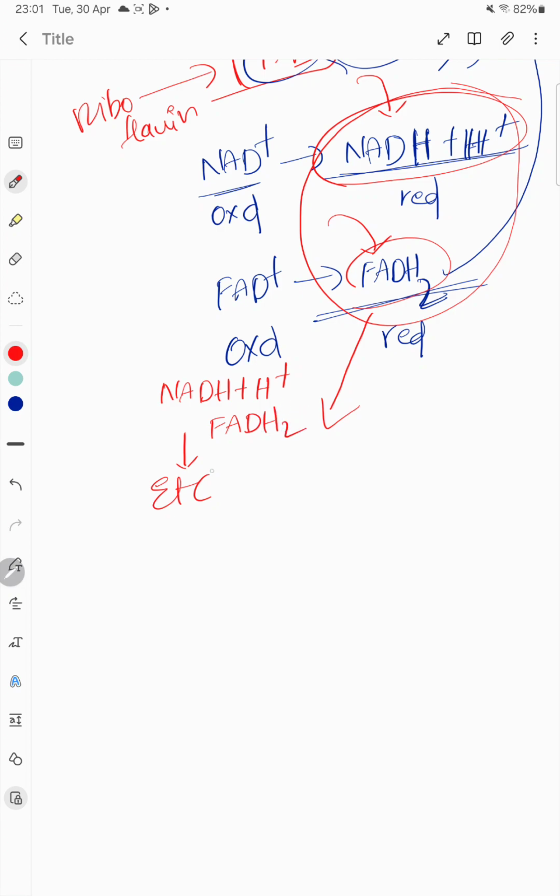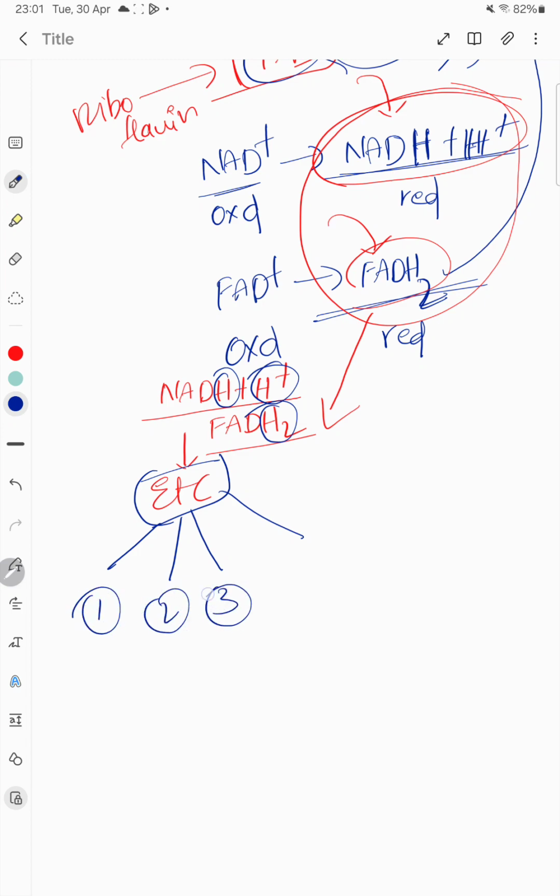Okay, the electron transport chain utilizes these two guys and extracts H plus ions from them. Energy is in the form of H plus ions, right? These H plus ions will be extracted by the electron transport chain. I already told you, the electron transport chain has 4 complexes. Complex number 1, 2, 3, that I will discuss in a later video.